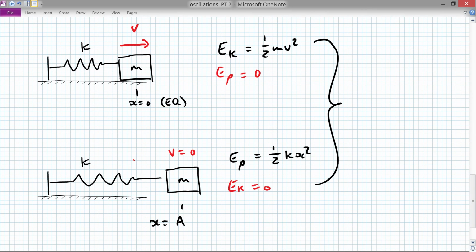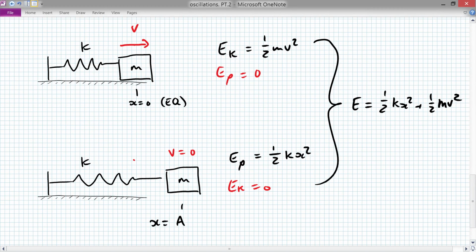So we're going to have a sum of these two. So my total energy, E, is going to be equal to my potential energy, half kx squared, plus my kinetic energy, half mv squared. So that's my total energy.